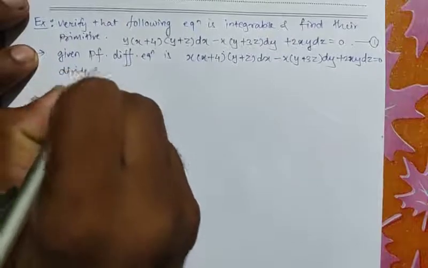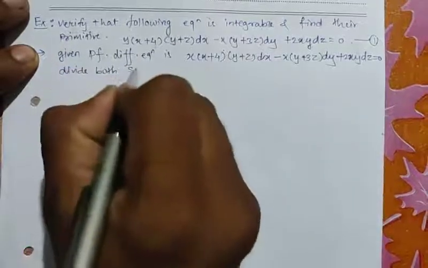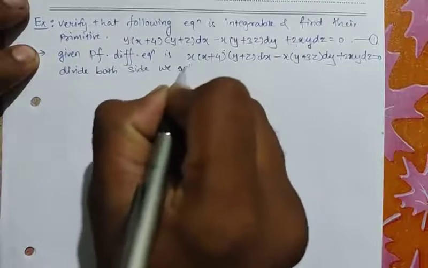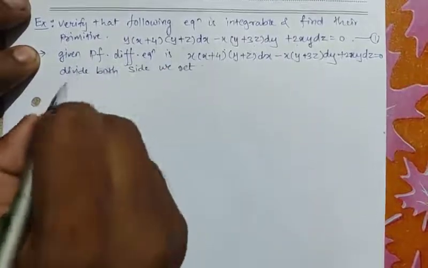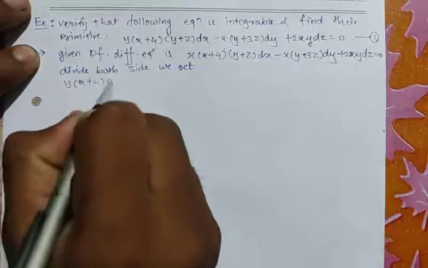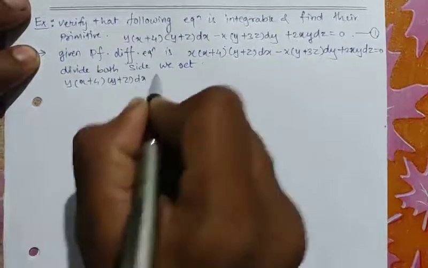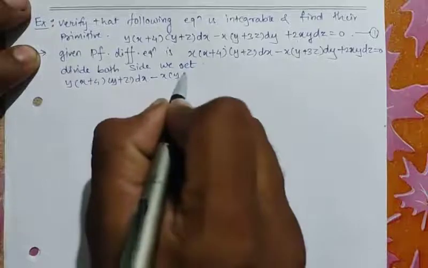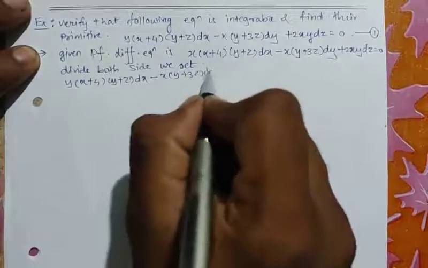What do we get after dividing? y(x + 4)(y + z) dx − x(y + 3z) dy.